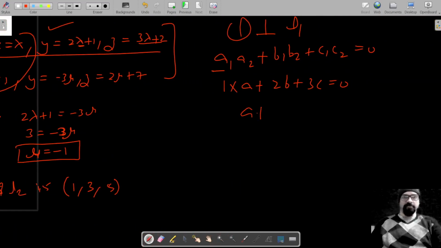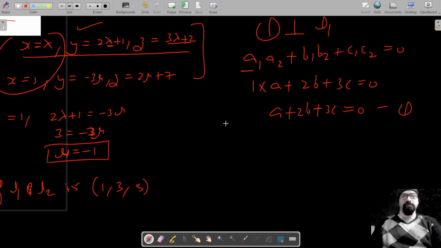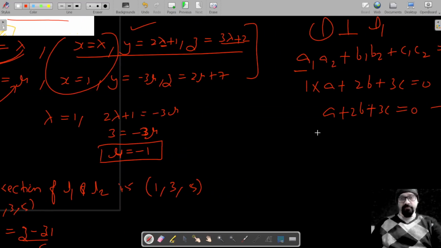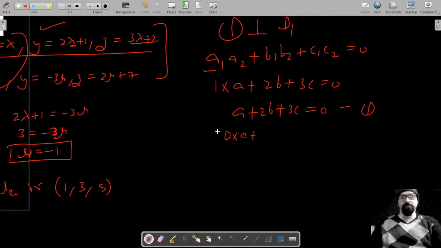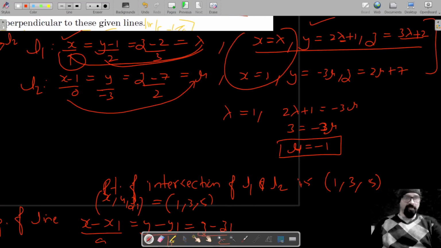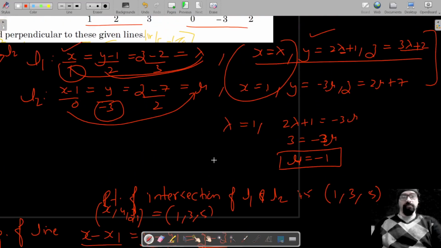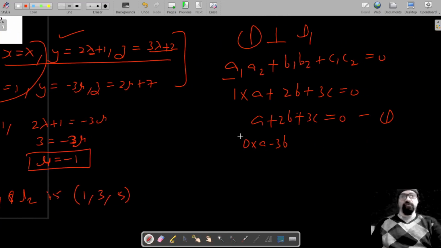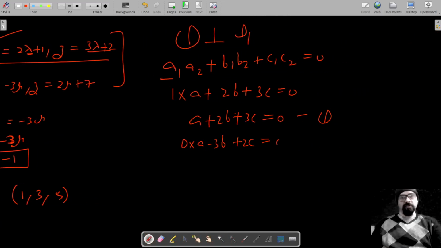So let this be our first equation: a plus 2b plus 3c is equal to 0. And the second equation would be 0 into a, plus negative 3 into b, so negative 3b, plus 2c is equal to 0.